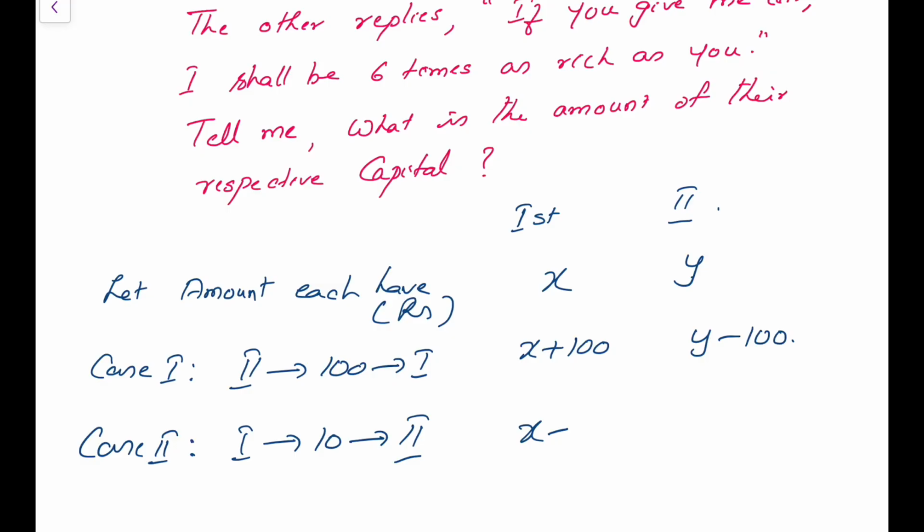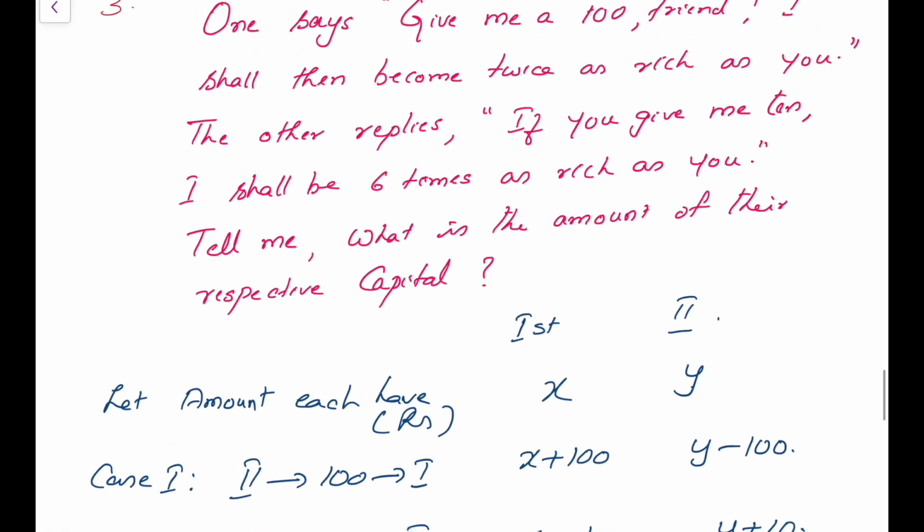X plus 100 is one situation. They are giving two situations and from the two situations we have to solve. So be careful. Now you have to reduce 10 rupees from the first person and the second person will be having 10 rupees more. So Y plus 10. Now these are the two situations.